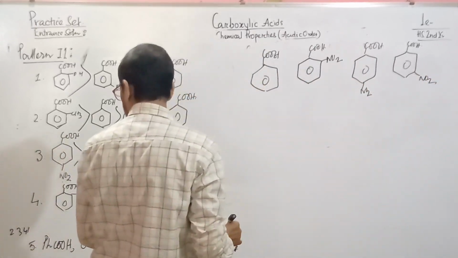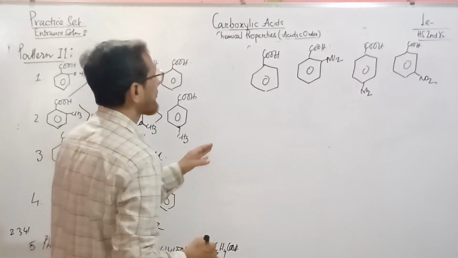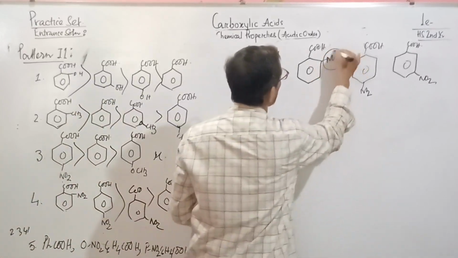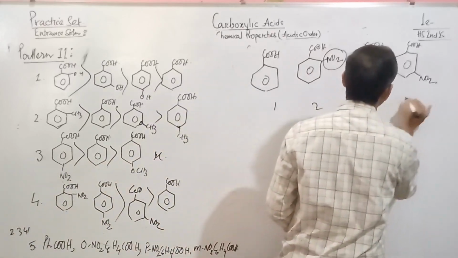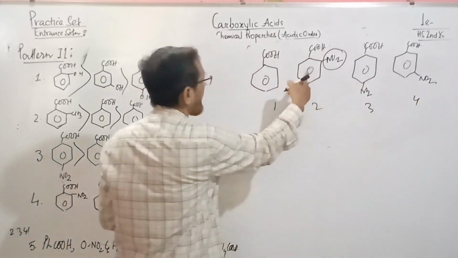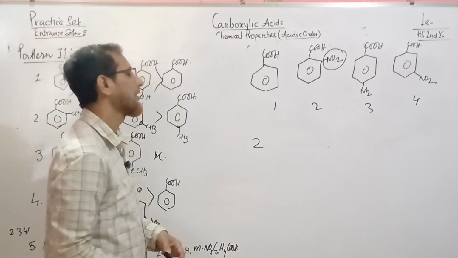So what is its order? You see, this is in ortho position, so the minus I effect is the highest. If it is 1, 2, 3, 4, then 2 is the highest.